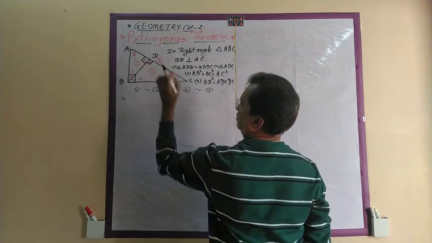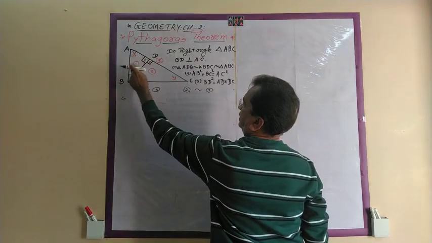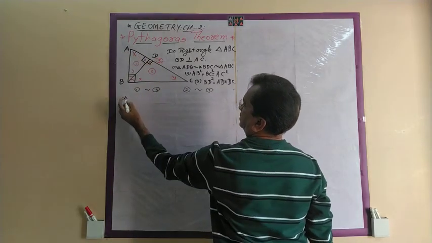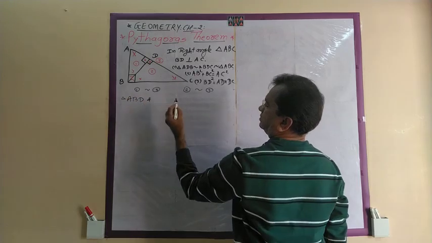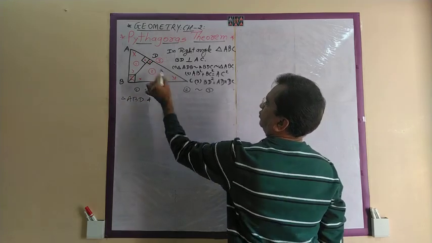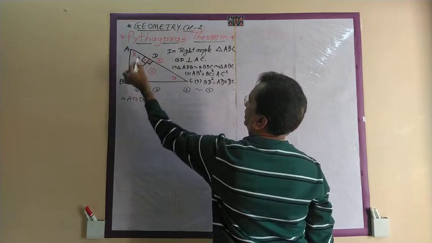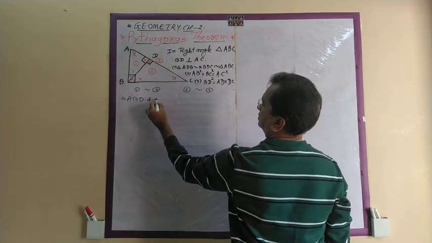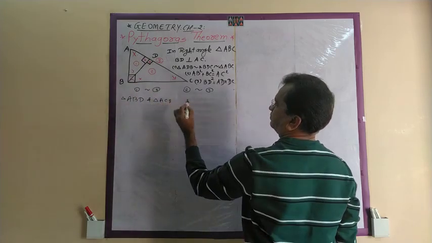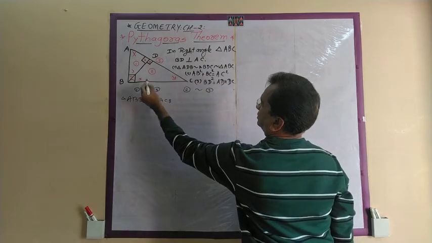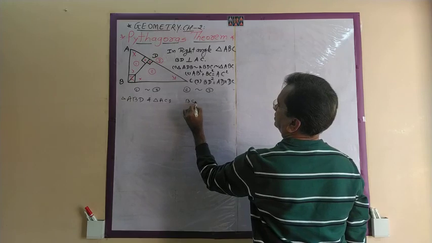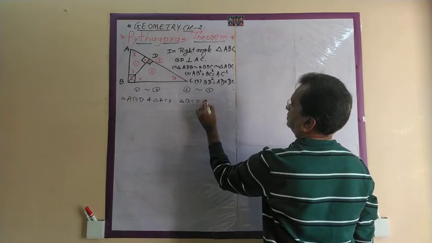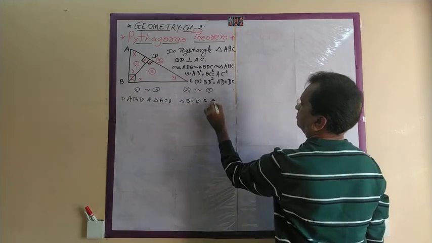First triangle, I have written 1. Write X, Y, Z means A, B, D. Third triangle, full triangle, X, Y, Z, A, C, B. Second triangle, X, Y, Z, B, C, D. Third triangle, again the same.